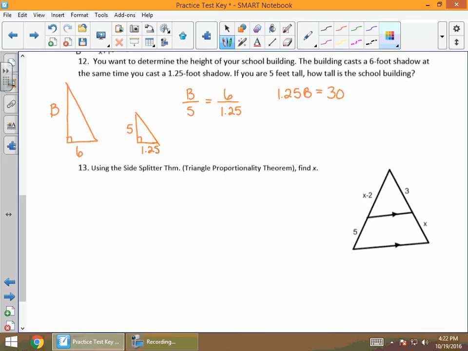Now to get B by itself, you have to divide by 1.25. So if you take 30 and divide it by 1.25, you will find out that the height of the building is 24 feet tall. It is 24 feet tall.